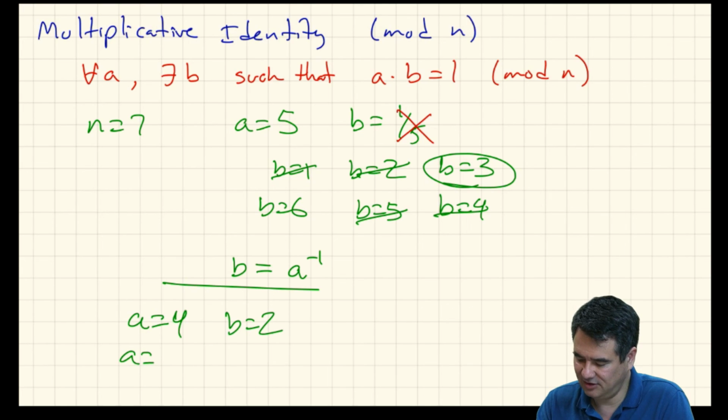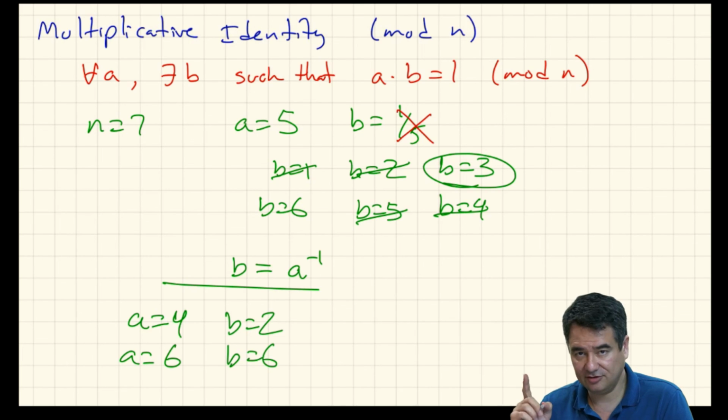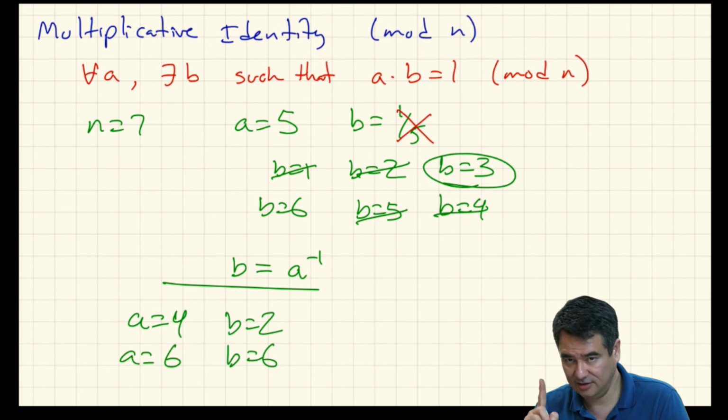What about if a is equal to 6? 6 times 1, that's not it. 6 times 2 is 12, that's not it. 6 times 3 is 18, that's not it. 6 times 4 is 24, that's not it. 6 times 5 is 30, nope. 6 times 6 is 36, oh, there we go. So the inverse of 6 is also 6. 6 times 6 is 36, modulo 7 is 1, and that's what we're looking for.